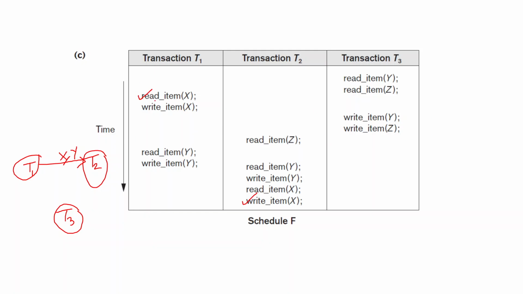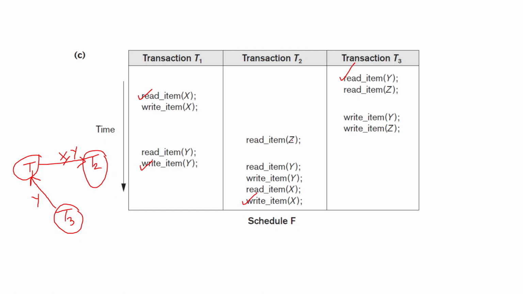We have got read item X is not there in this transaction T3, so there is no conflict with respect to X. But read item Y is shown here. Write item Y is shown here, which means T3 to T1 we have to have an edge. Okay, and it is labeled based on Y, and Z is not there.